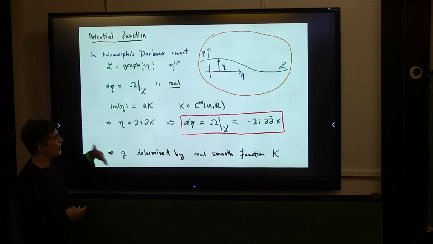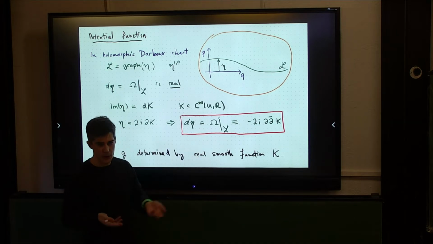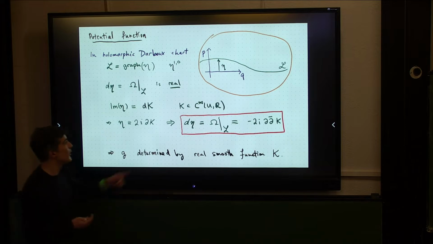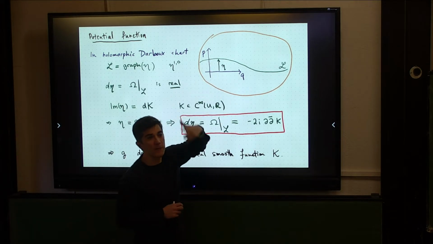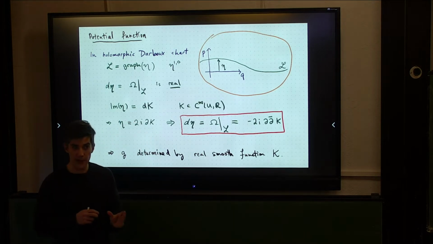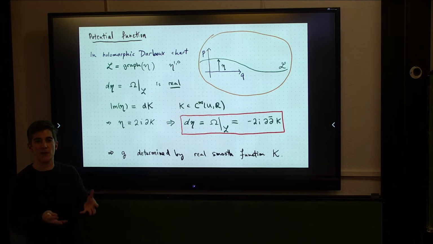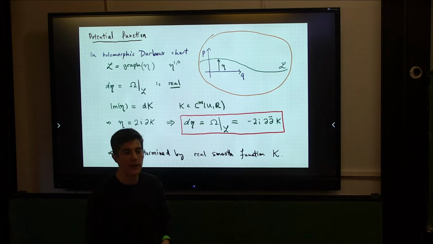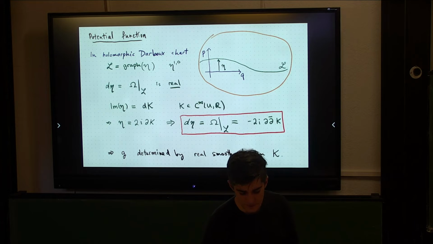So this means that locally speaking, the metric is determined by a real smooth function, which is the generalized Kähler potential. That is our definition for the generalized Kähler potential, and it depends very strongly on the choice of the holomorphic Darboux chart. And the good thing is that it's a holomorphic Darboux chart, so it's part of the holomorphic substructure. It's part of the holomorphic moduli. Okay, so you choose that, and then you express your cross-section in terms of a single function.